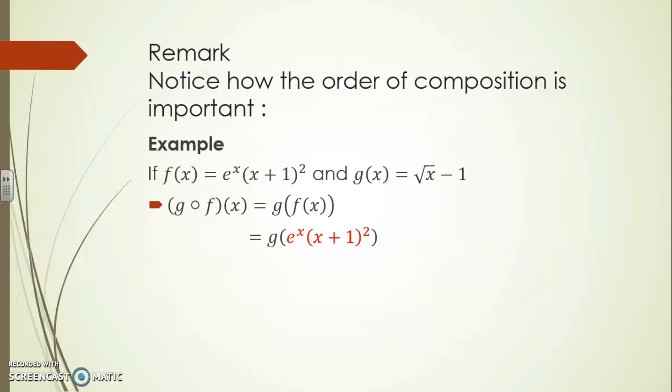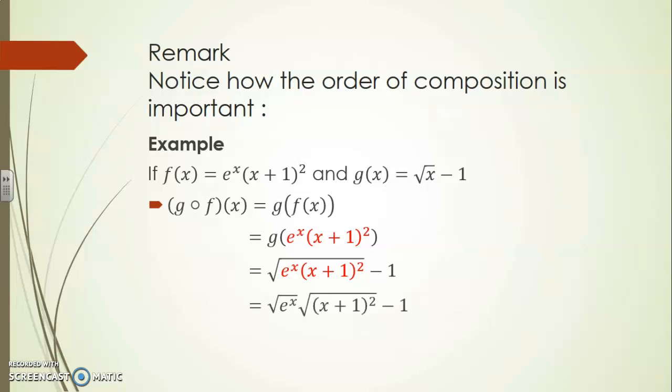So again, you have to think of this entire red expression as being the x that we are actually using in function g. So rather than rooting x, as g prescribed in the first place, we are now rooting the entire result of f of x. And that's followed by a minus 1.